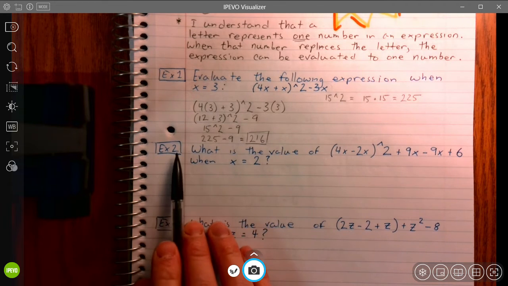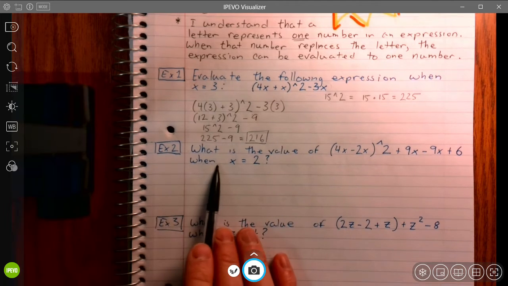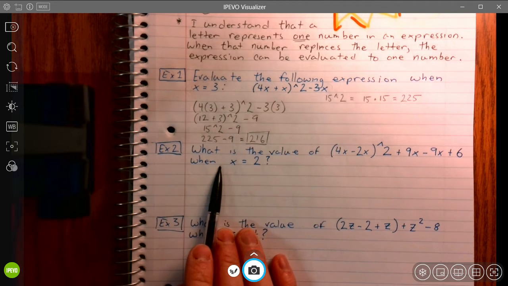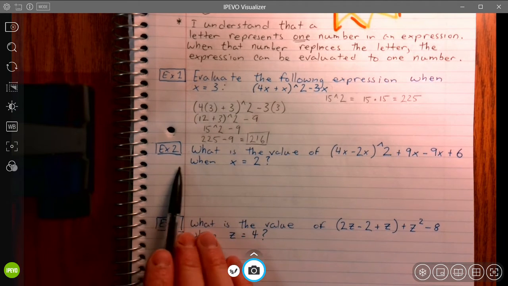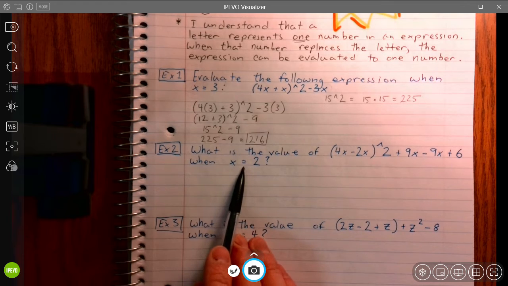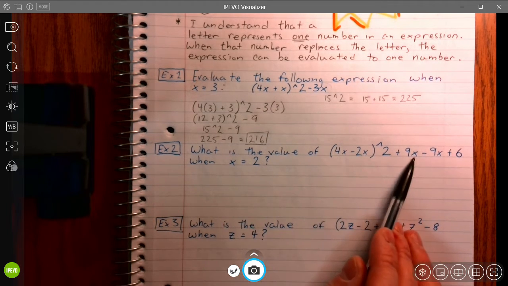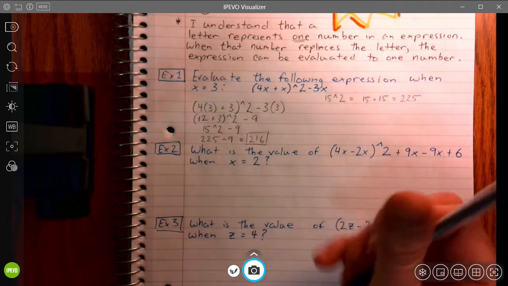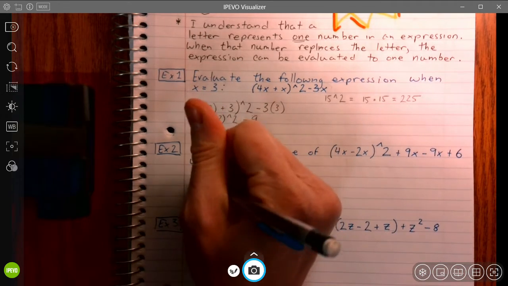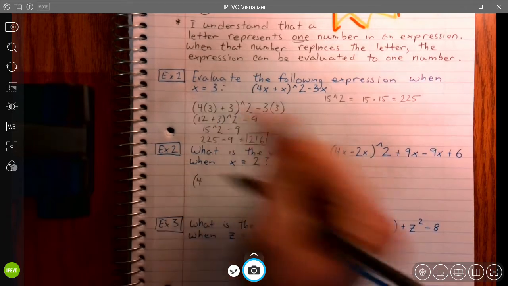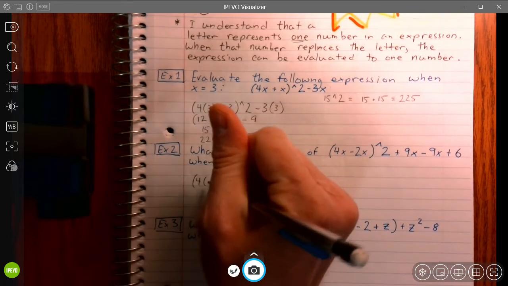So notice it's a different problem and x has a different value. That's totally okay. In this problem, though, we have to consistently write a 2 wherever we see an x. So let's go ahead and rewrite our problem. And everywhere we see an x, we're just going to write a 2.